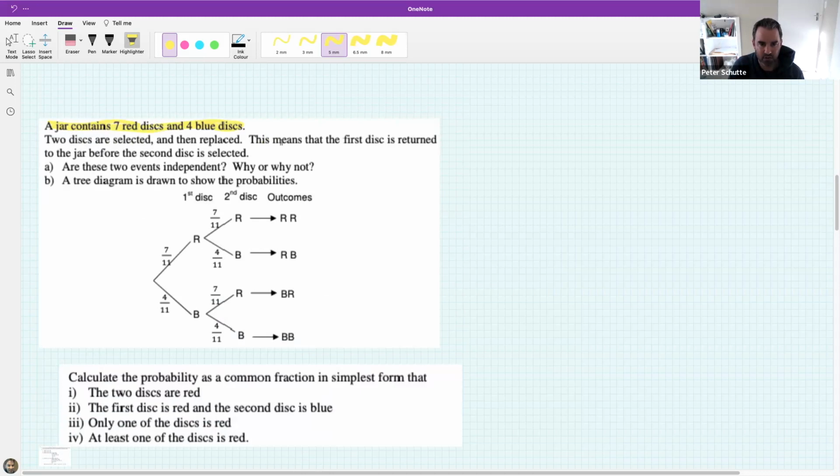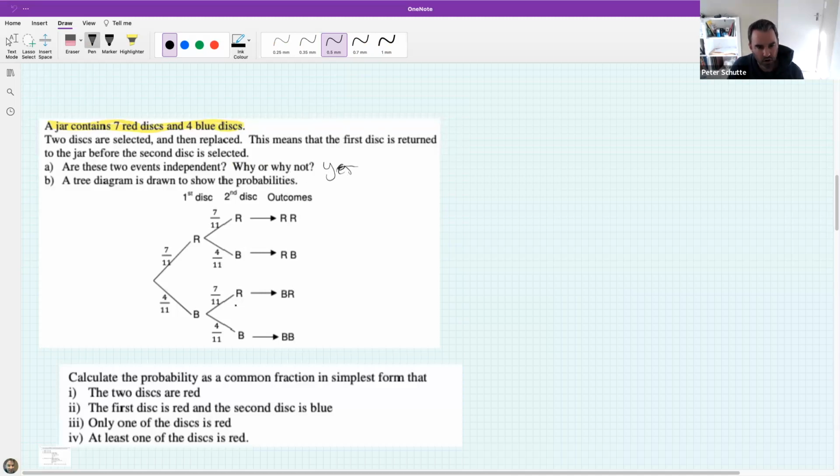This means the first disc is returned to the jar before the second disc is selected. Are these events independent? Yes, they are. The reason is that the outcomes are exactly the same. There's no change in the likelihood of either of these. If you didn't put it back, then you would be affecting the second one. But in this case, because you replace it, the events are independent.